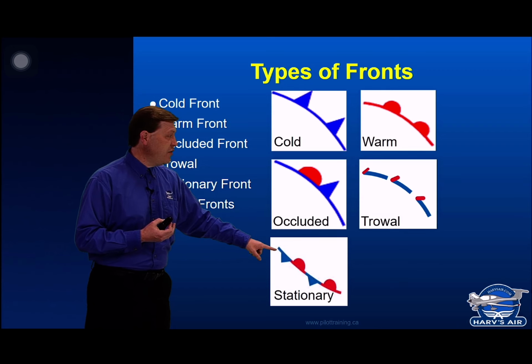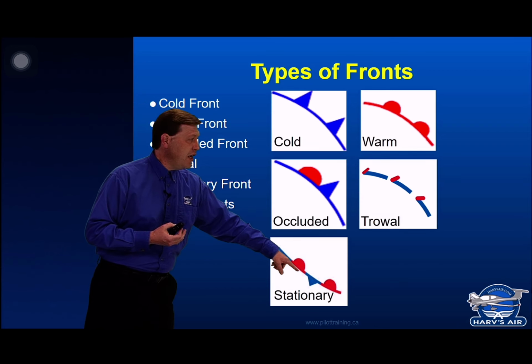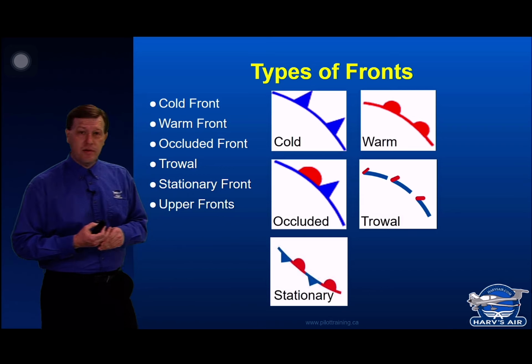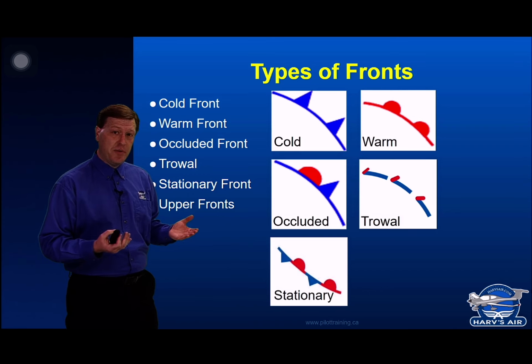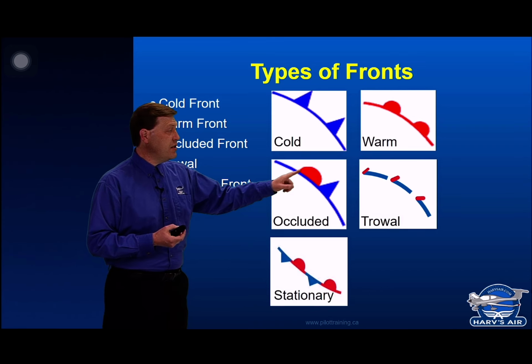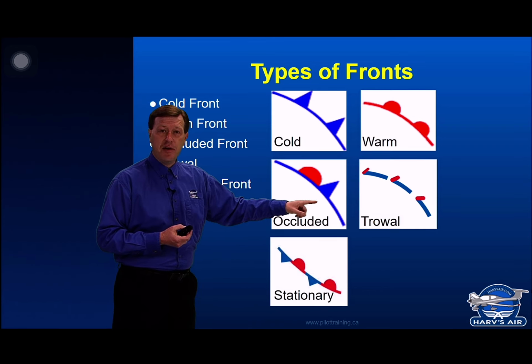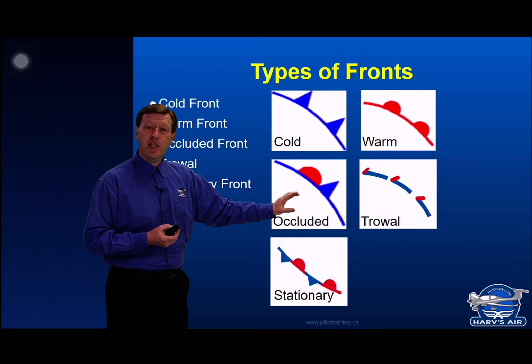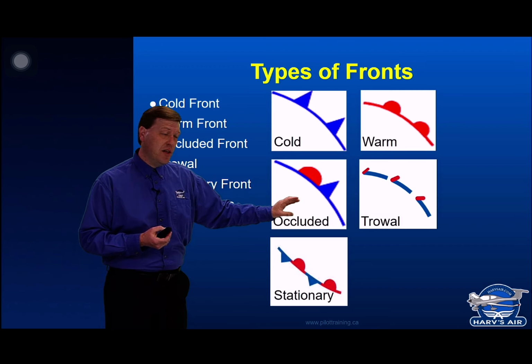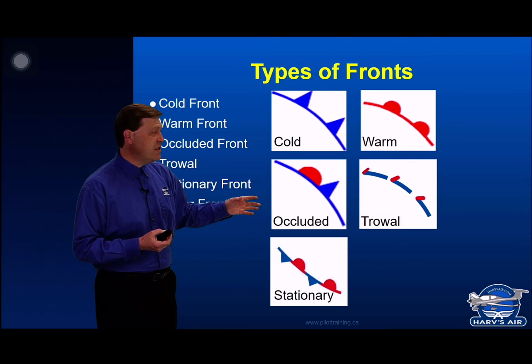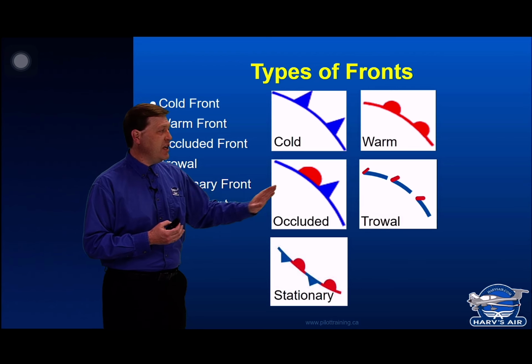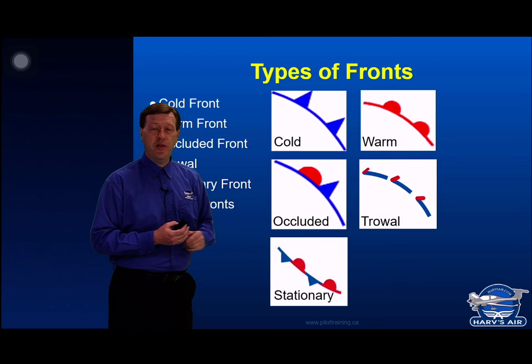Notice stationary front, the barbs and the warm zone alternate. When it comes to occlusions, they're shown on the exact same side. Now, occlusion tends to be a little bit more of what an American will show on their map.